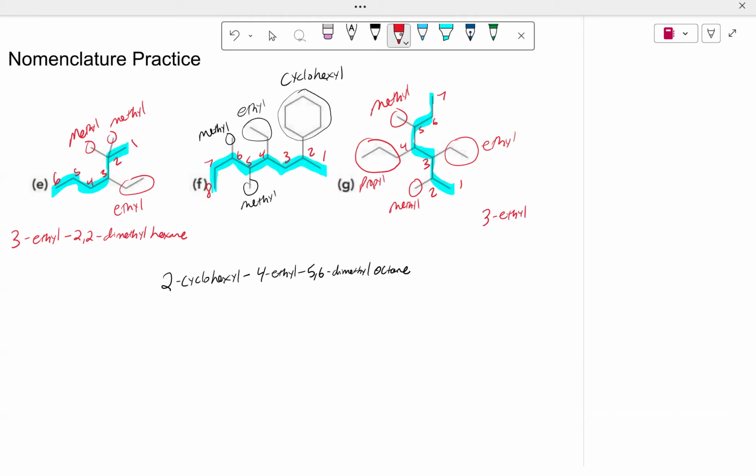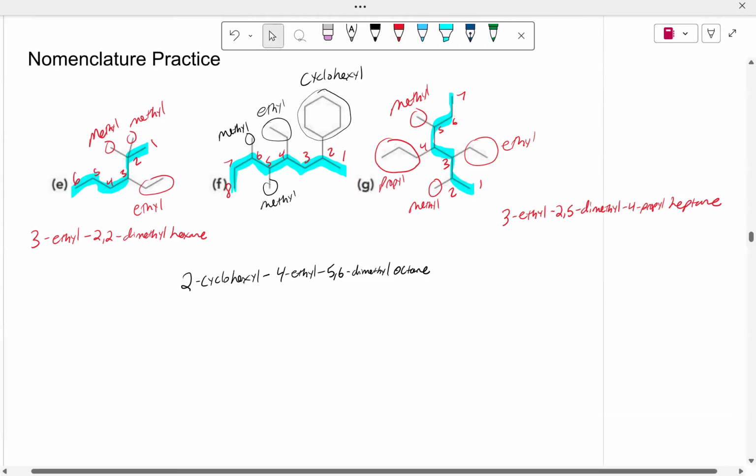Let's say 3-ethyl. Then methyl. So 2,5-dimethyl. I have to indicate that there's two of the same group with that prefix of di. And then on 4 is a propyl. And then heptane is the parent chain.